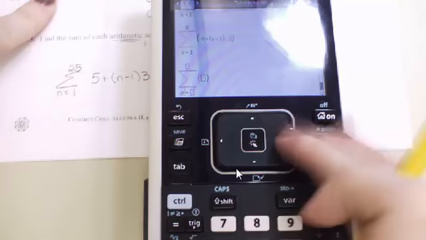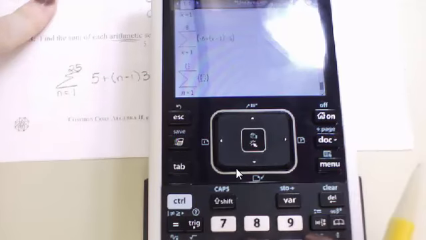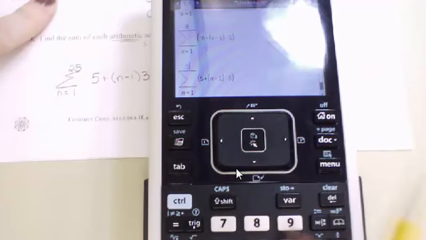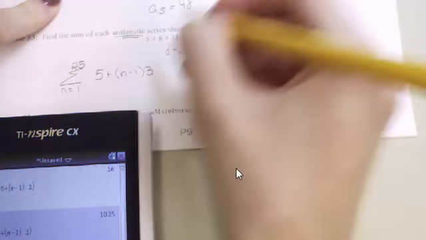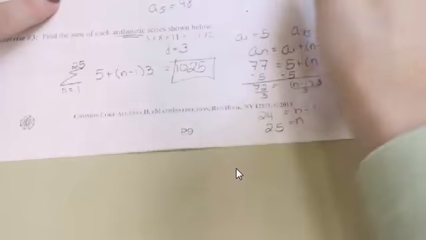So n equals 1, and then in the box right here I'm going to write 5 plus, open a parentheses, n minus 1, close a parentheses, times 3, and then go up to the top and tell it you want 25 terms. Hit enter, and magically we have our answer of 1,025. That is the sum of my first 25 terms.